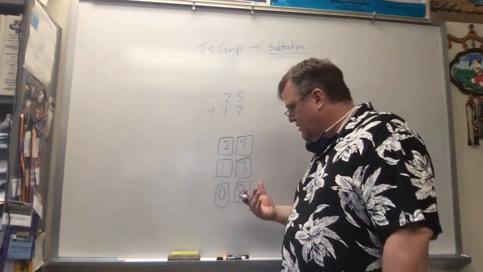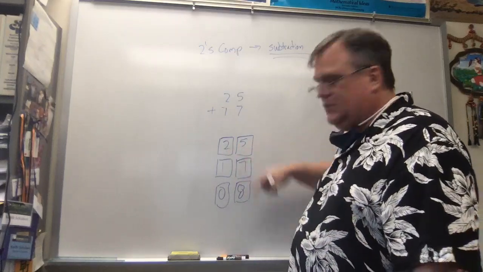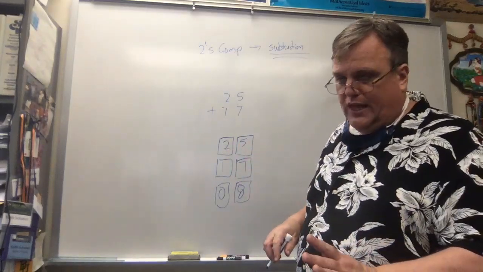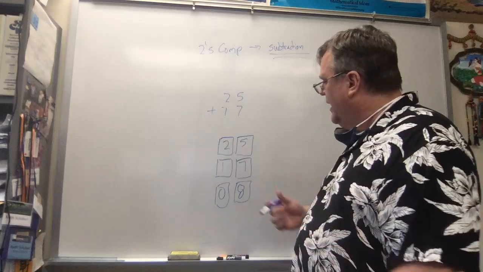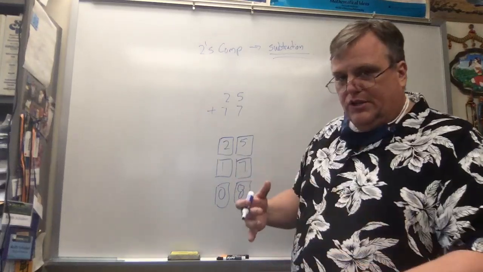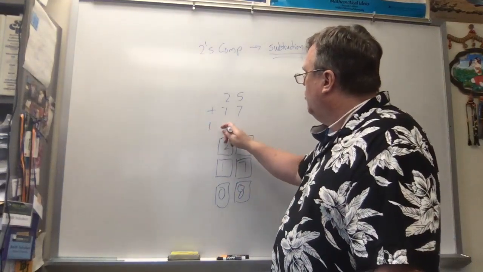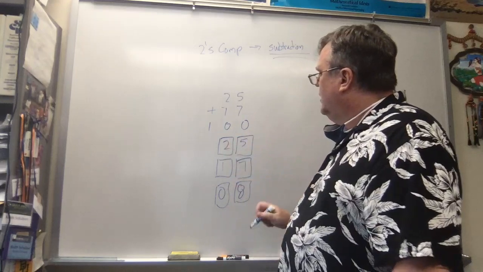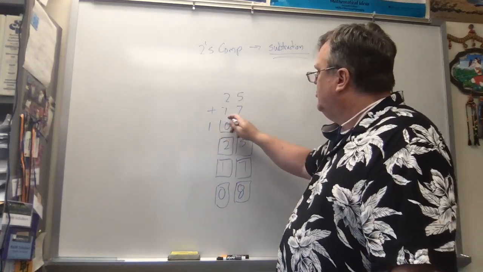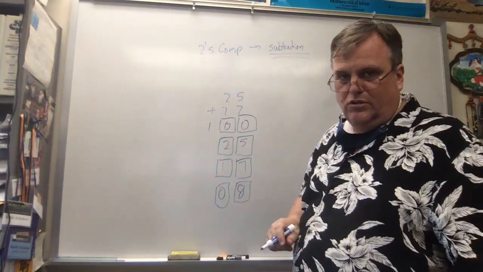Now we can look at this and say, okay, that involves me having to borrow because this 7 is bigger than the 5. I want to avoid that. Is there a different way I can do it? I'll give you a different way of thinking about this. What if I started off with the idea of the number 100? Now 100, if I put it in my two digits, the only two digits that can show are the double zeros.